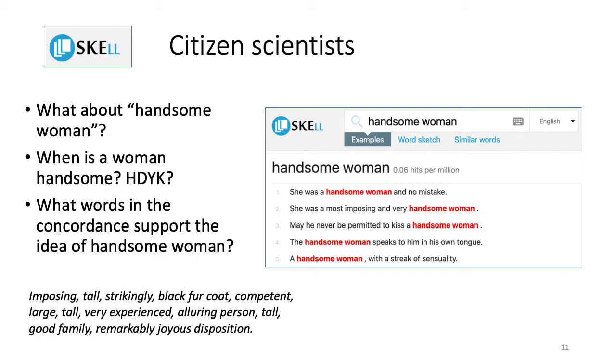And if we look in the lines on either side of handsome woman in the 40 examples, we see things like imposing, tall, strikingly, black fur coat, competent, large, tall, very experienced, alluring, tall, good family, remarkably joyous disposition. So this is what we call lexical support.